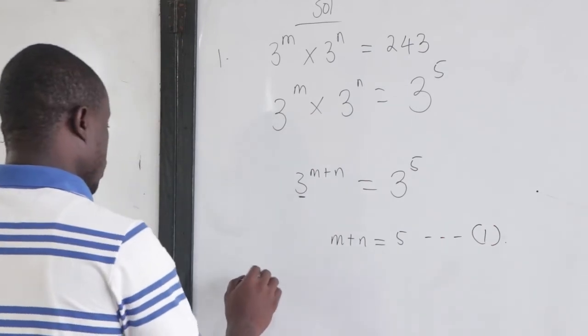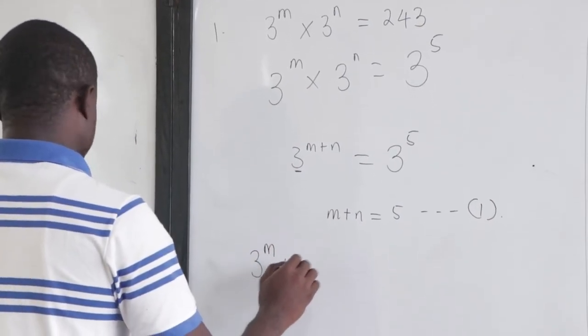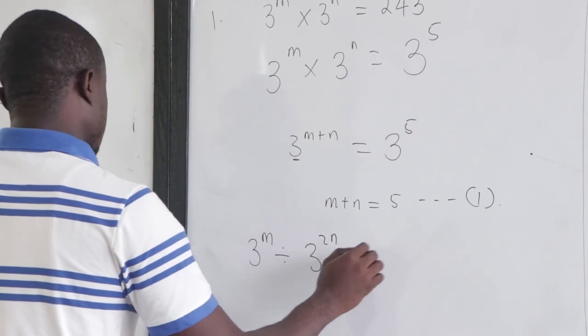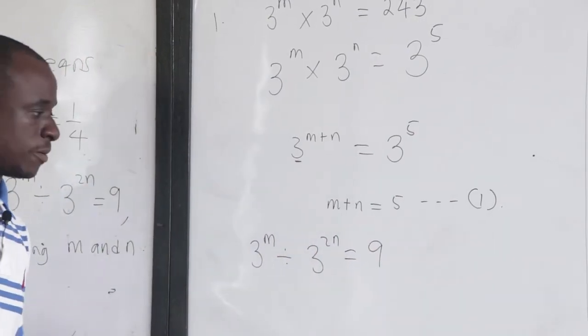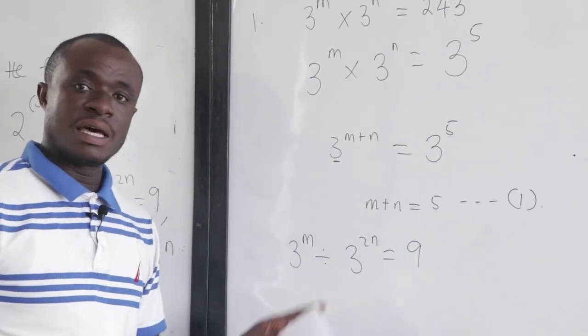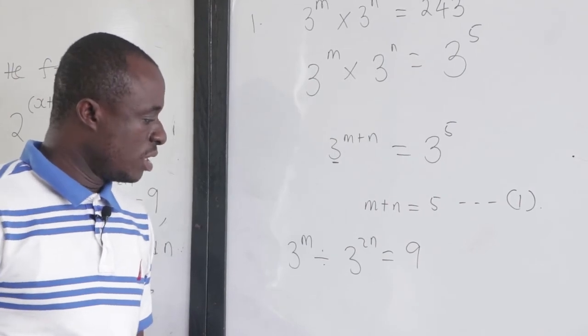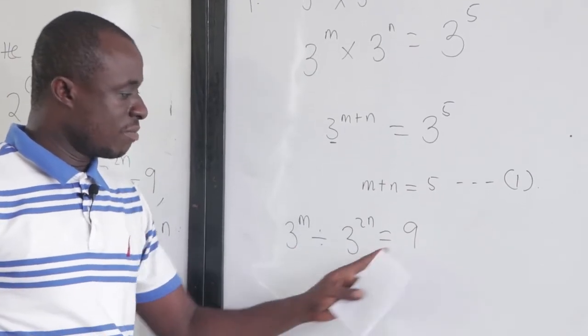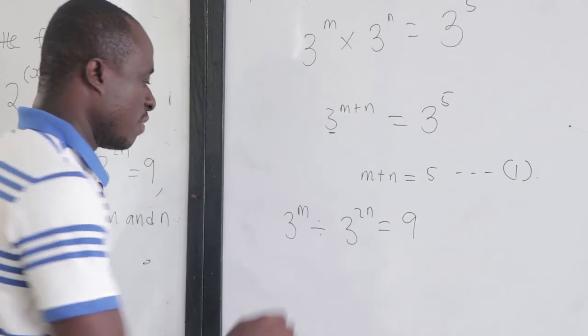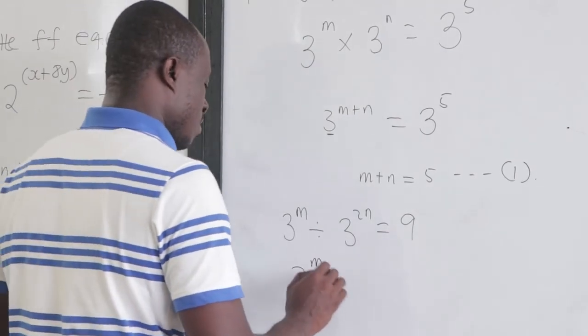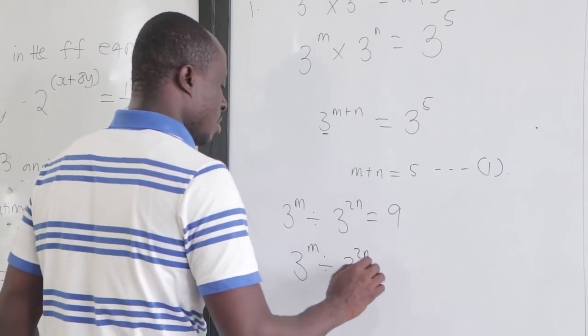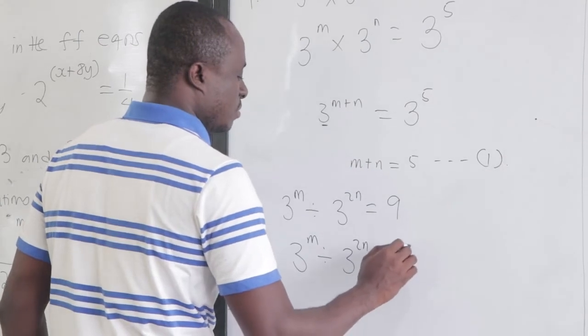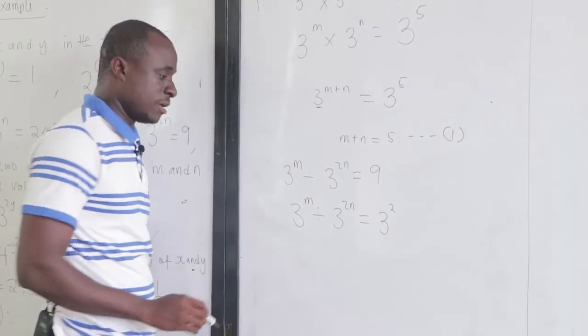Now let's see the second equation. 3 to the power m divided by 3 to the power 2n equal to 9. Now with this, the bases are not all the same, so let's make 9 have a base of 3. 3 to the power m divided by 3 to the power 2n, and this is 3 to the power 2, which is 9.